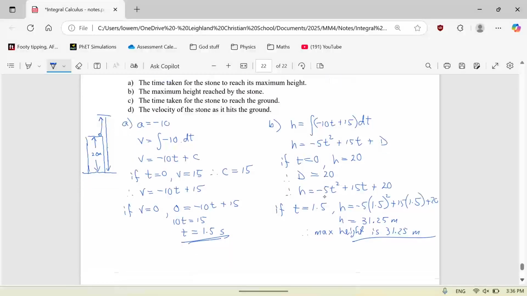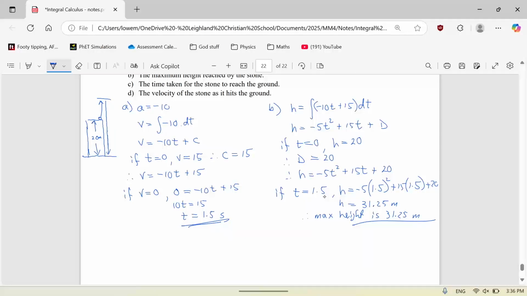Okay, the time taken for the stone to reach the ground. Here we have a height equation. Now the ground level has a height of 0, so let's let h equal 0. So then 0 equals negative 5t squared plus 15t plus 20. We want to solve this quadratic. Let's make it simpler by dividing throughout by negative 5.